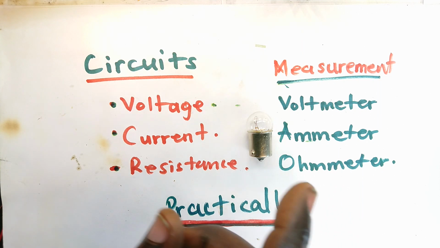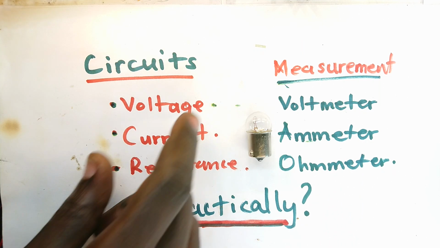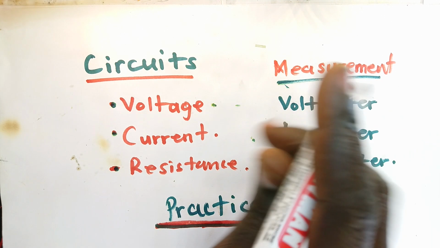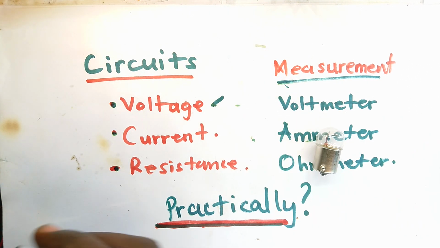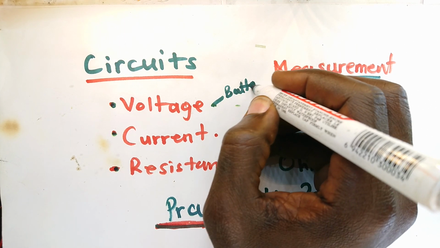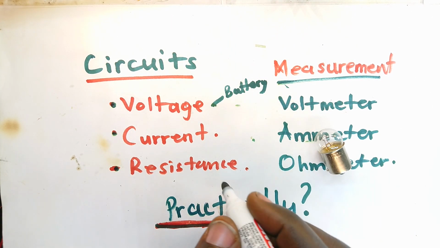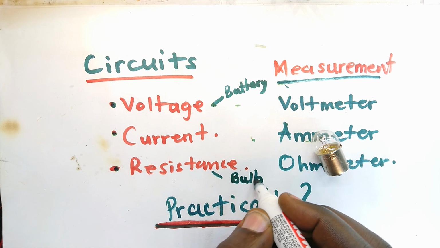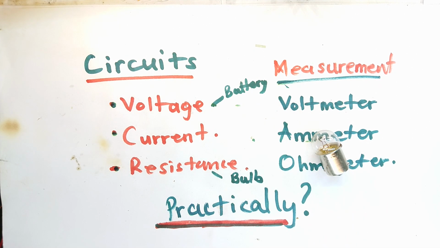And then for the source, we're going to use batteries, and let me just indicate that. So here we are looking at a battery that is a combination of cells. And then here we are going to look at a bulb, an incandescent bulb.